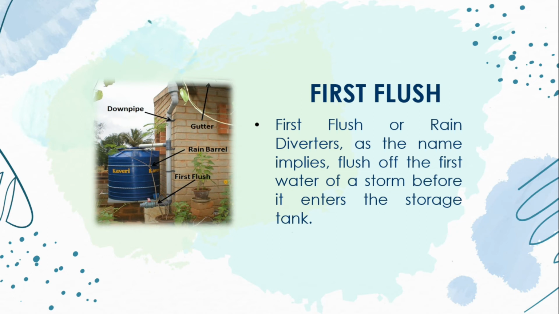Since yung first pass ng water ay nagko-contain ng most contaminated particulates such as bird droppings and other materials, importante ang pag-eliminate ng mga contaminants na ito before na ma-transfer yung tubig sa storage and conveyance system. And this is the main function of rain diverters.